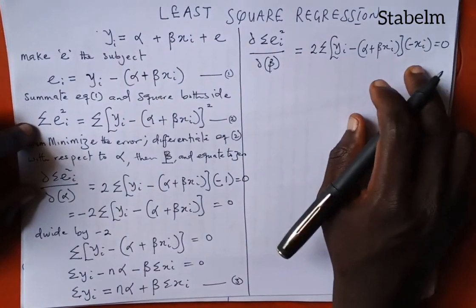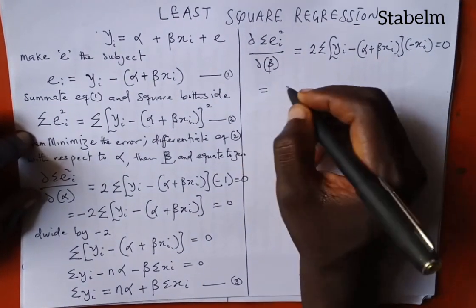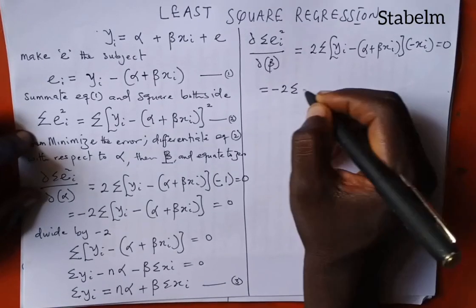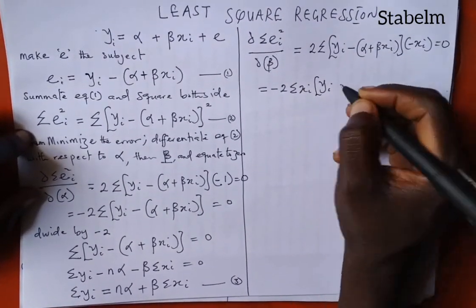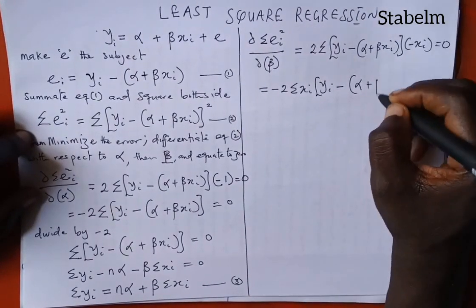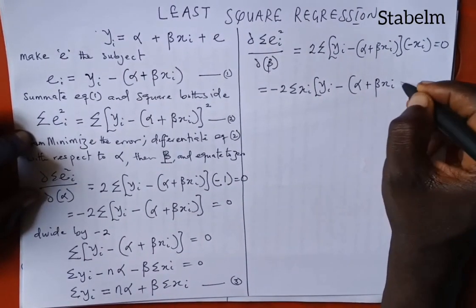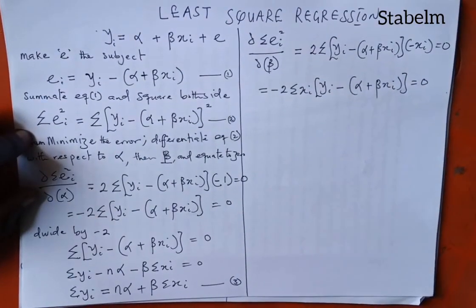So we multiply all of these by this. We have minus 2 summation x i into bracket y subscript i minus alpha plus beta x subscript i, bracket close, equals to 0.